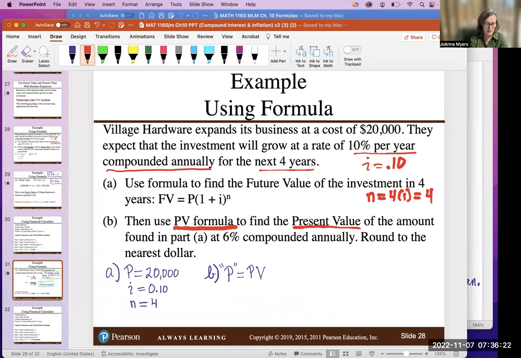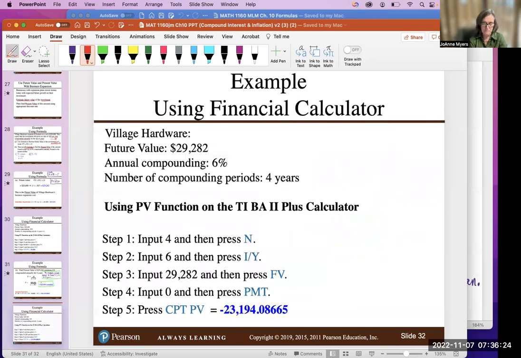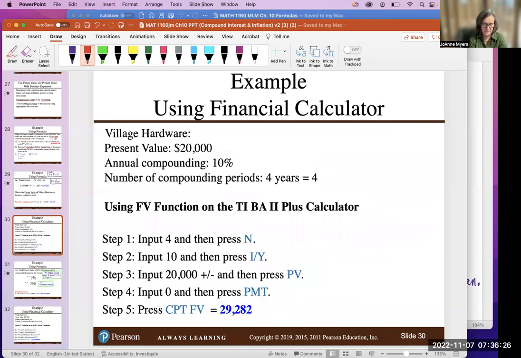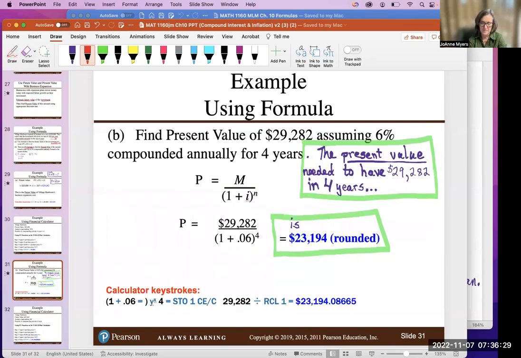So what's going on here? The present value of $29,282, if I now have a 6% loan compounded annually for 4 years.